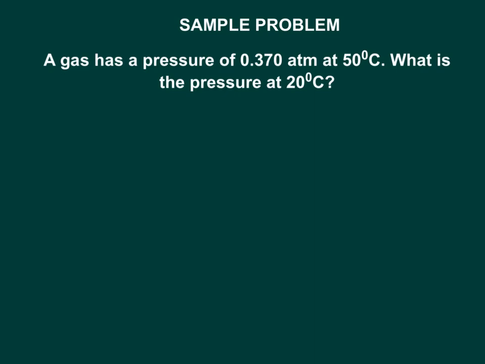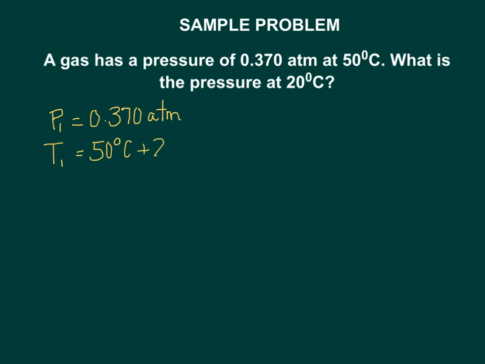Let's try a sample problem together. A gas has a pressure of 0.370 atmospheres at 50 degrees Celsius. What is the pressure at 20 degrees Celsius? Again, we're going to start by listing our variables. P1 equals 0.370 atmospheres. T1 equals 50 degrees Celsius.